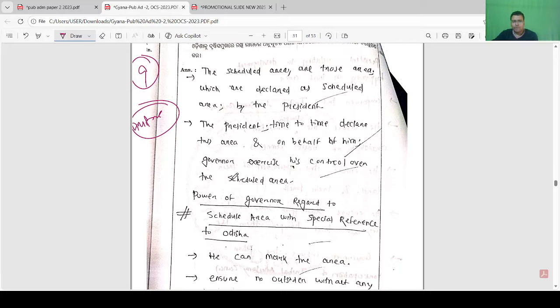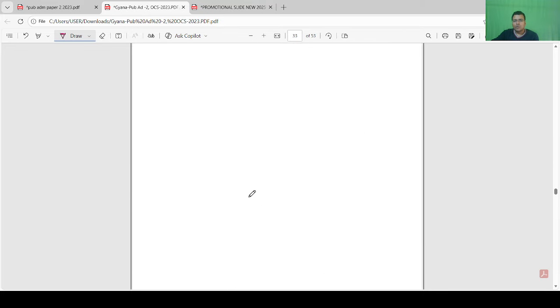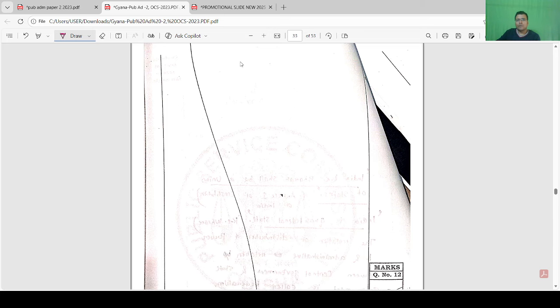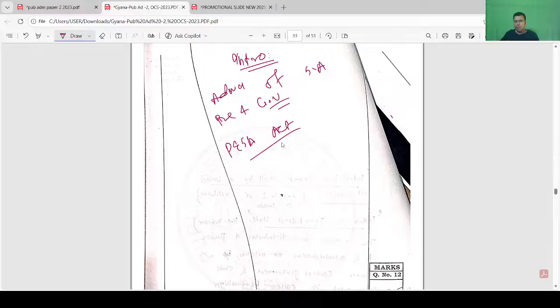Intro: schedule area, what is schedule area, then the administration of schedule area. This is the structure of the answer. Intro, administration of this schedule area, role of the President and Governor, and here again you need to write about PESA, because the 73rd Amendment is not applicable in scheduled area.